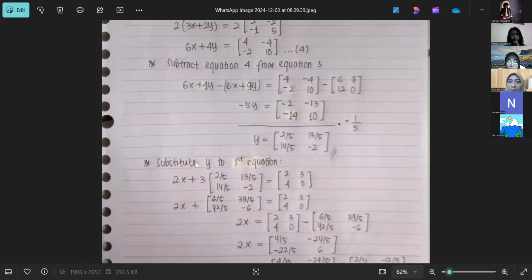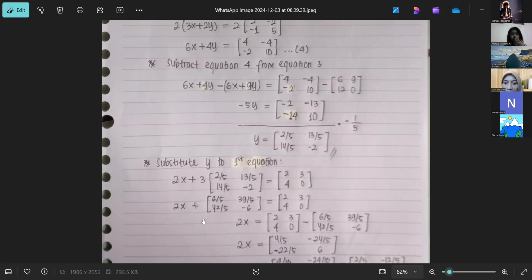And to get the value of x, I substitute y into the first equation, and then I got 2x plus 6 over 5, 39 over 5, 42 over 5, and then negative 6 is equal to matrix 2, 3, 4, 0.